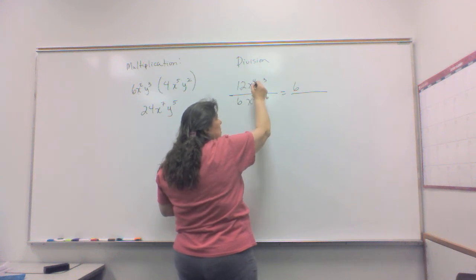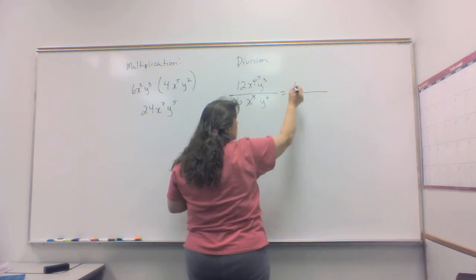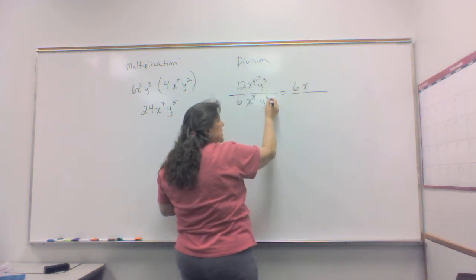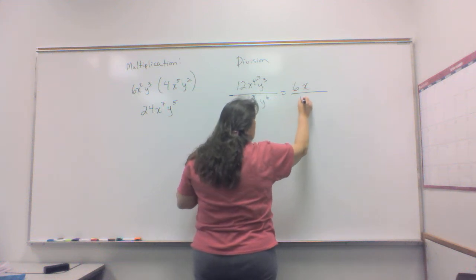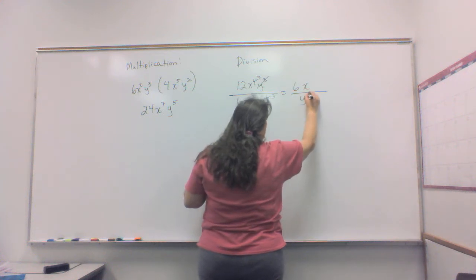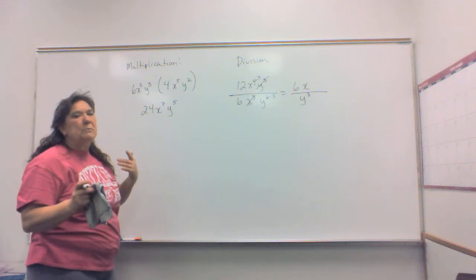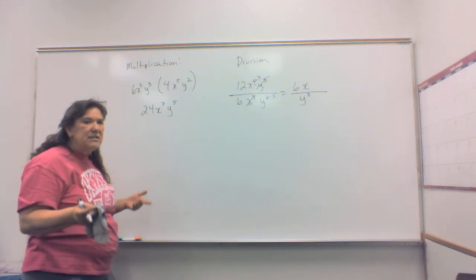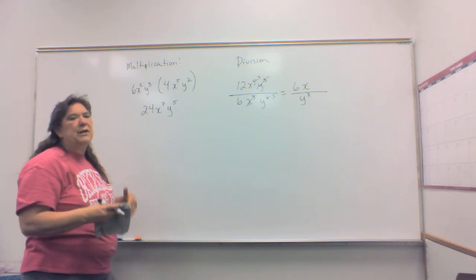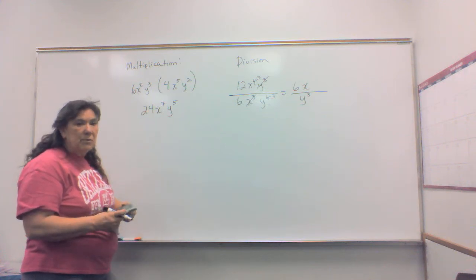X to the third, x to the fourth is larger than the 3, so I'm going to do my subtraction on top and get x. But y to the third, y to the sixth, my 6 is larger, so I'm going to do my subtraction in my denominator, making y to the third. So you can see, all that is your basic rules that we just did with our power rules and our product rule and our quotient rule for exponents if you're dealing only with monomials.